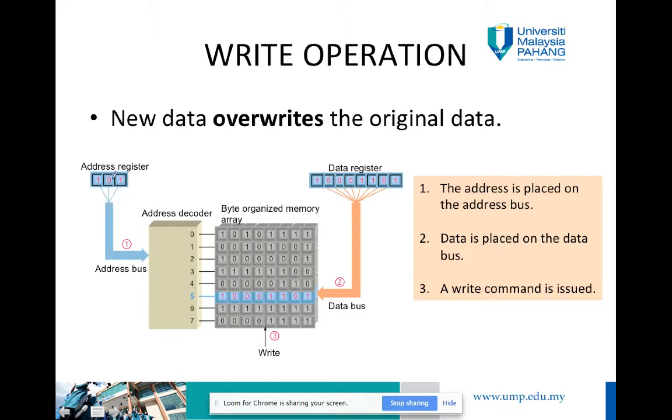The data actually will be connected by the address bus. If you have 3 bits of address, then you have 3 address bus lines, to store the information or the data in the memory array.